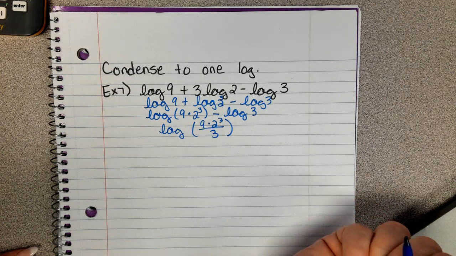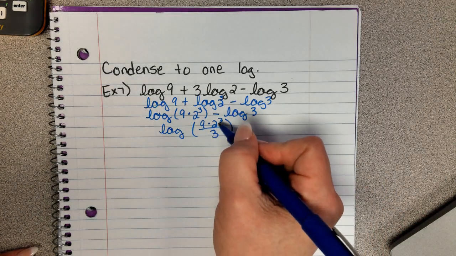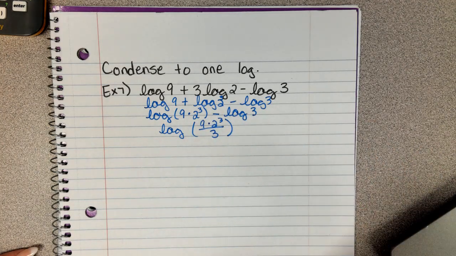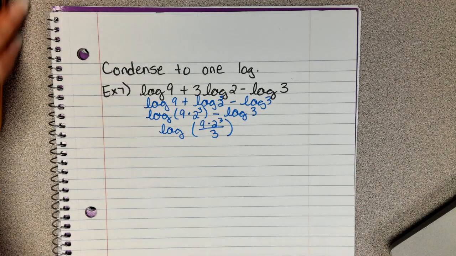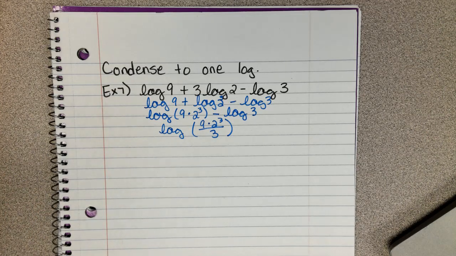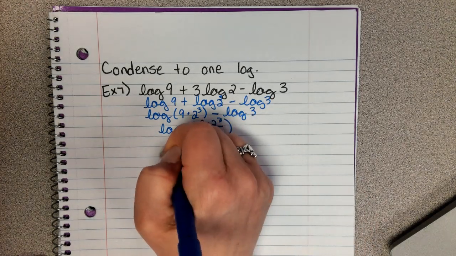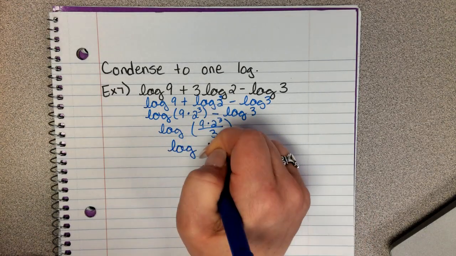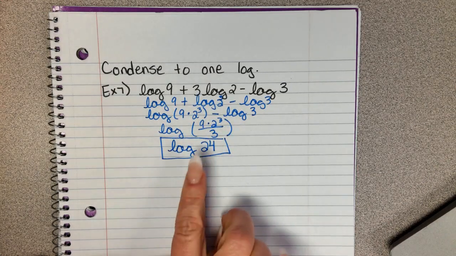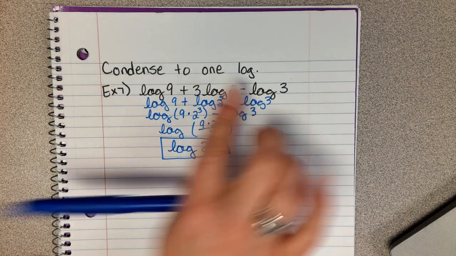Well, cool. So 2 to the third is 8. Let's see, 9 times 8 is, I hate these. Oh yeah, 72. 72 divided by 3 is 24. Awesome. So that's the same thing as the log of 24. Much more condensed than our original.